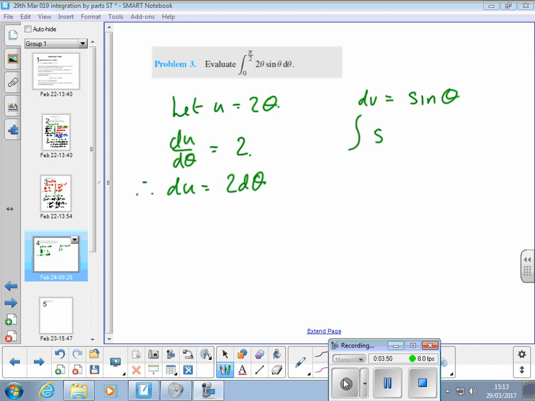Integrating sine theta gives us v is equal to, what's the integral of sine theta? Yep.